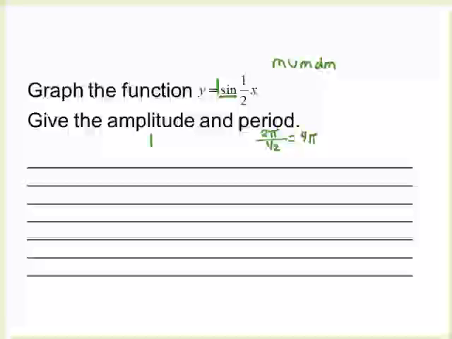On your paper, I believe you have enough room to go out to 8 pi. I, however, do not. So I'm just going to draw in one cycle of this one. And if you would like to just draw one cycle as well, you may do that.